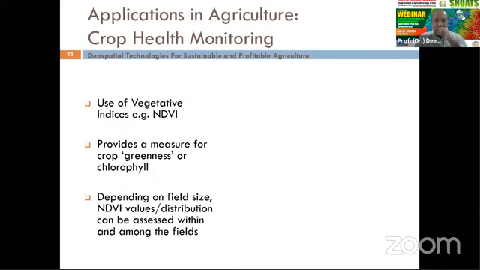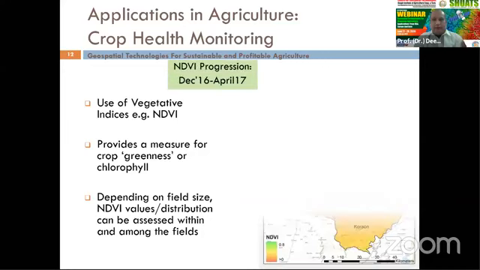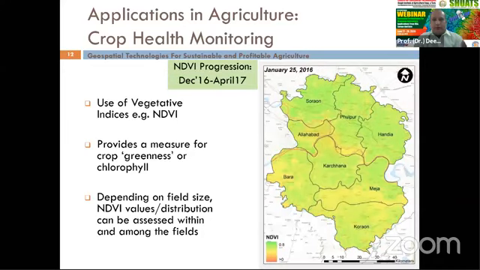And let's see how we have used this data. As simple as that, for crop monitoring we can use vegetation indices, which are a measure of chlorophyll or greenness. I've used NDVI, and there are several other indices, and it can give you the distribution of how well the crops are growing throughout the season. So I've created this animation.